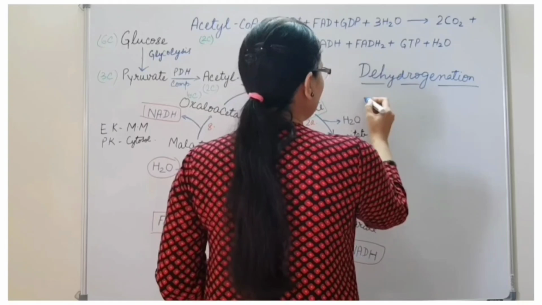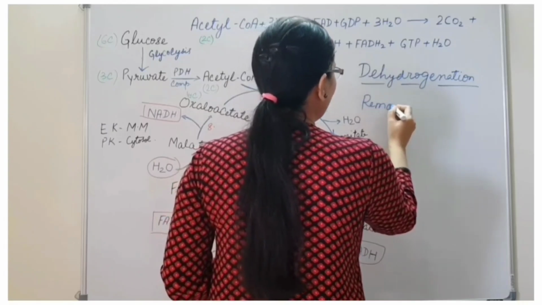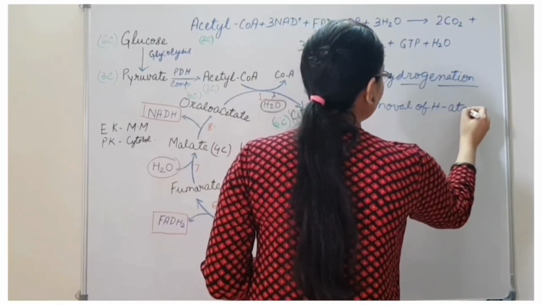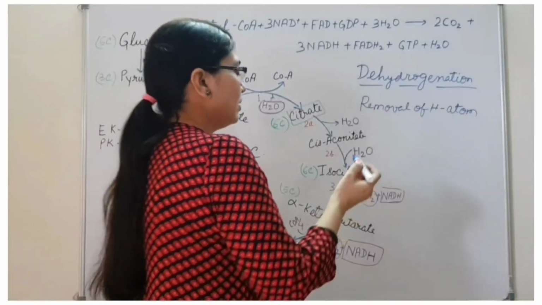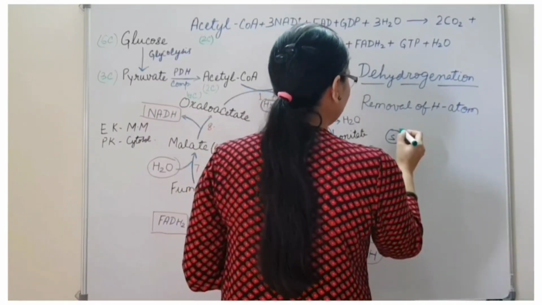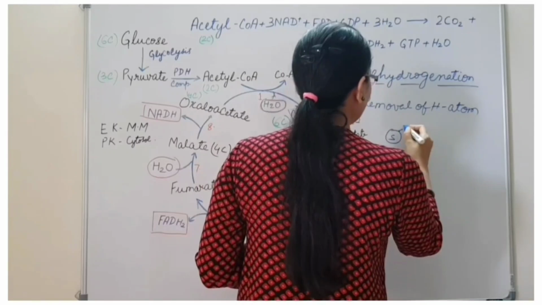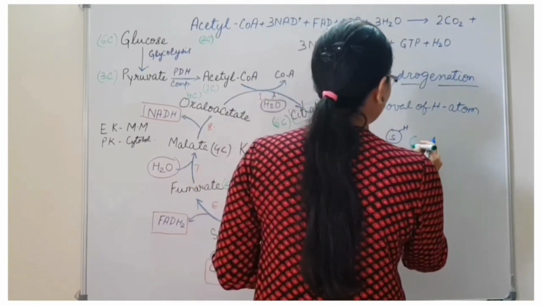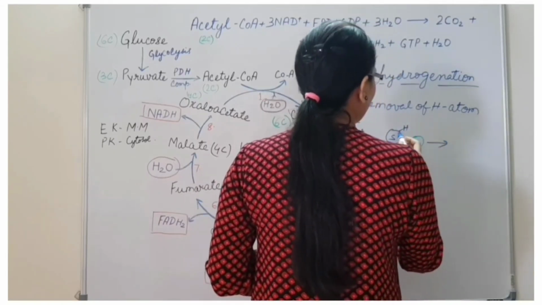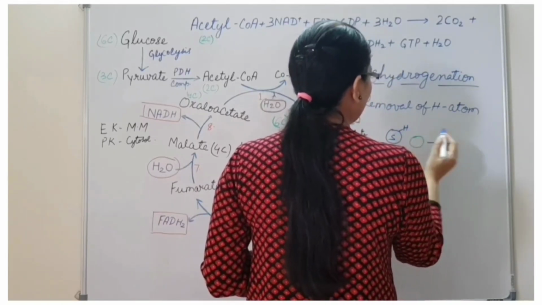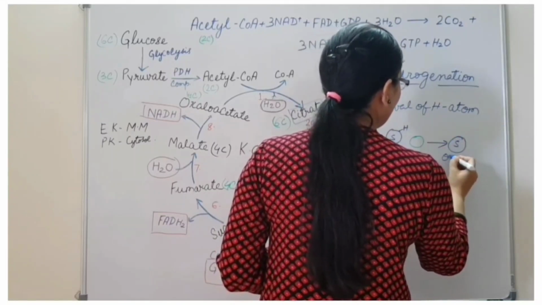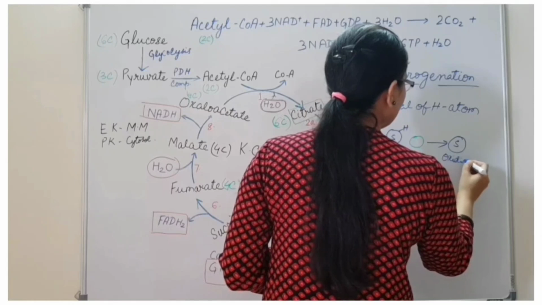Next is the dehydrogenation. This is the removal of hydrogen atom. We can understand this with the example: substrate has the hydrogen atom, and here hydrogen atom is not present. Now this hydrogen atom is removed from this substrate and it gets oxidized.